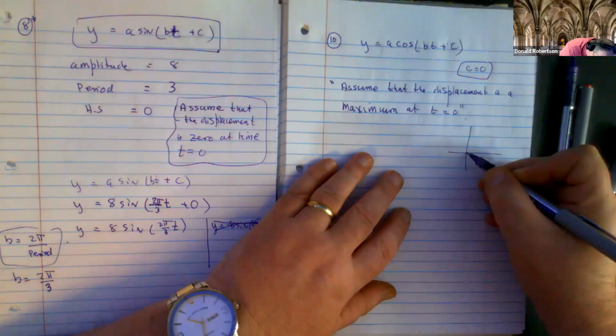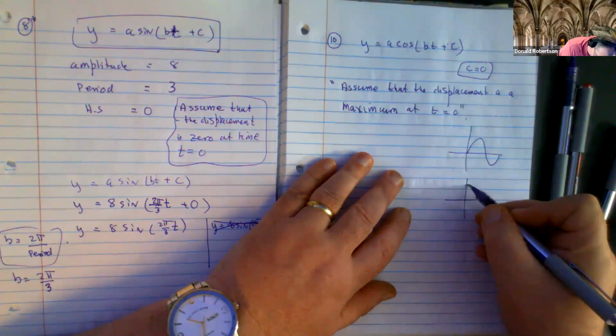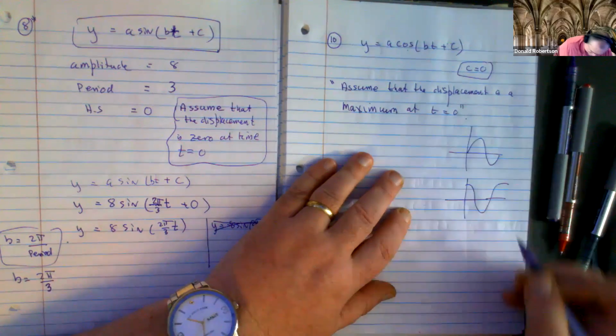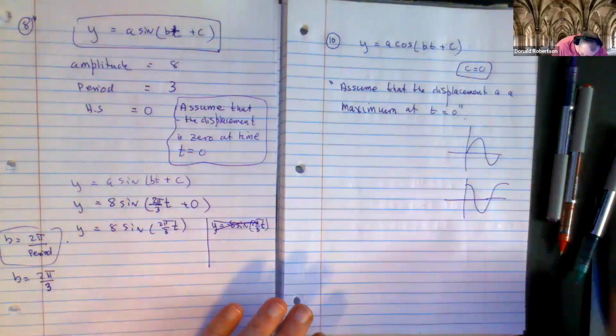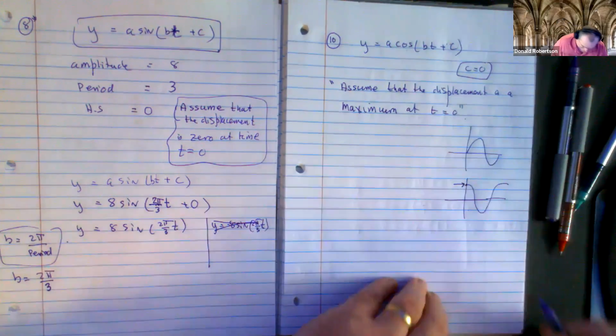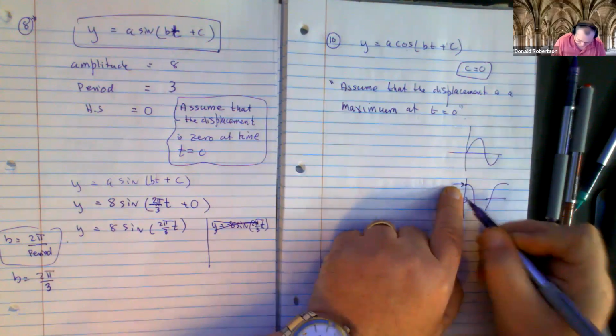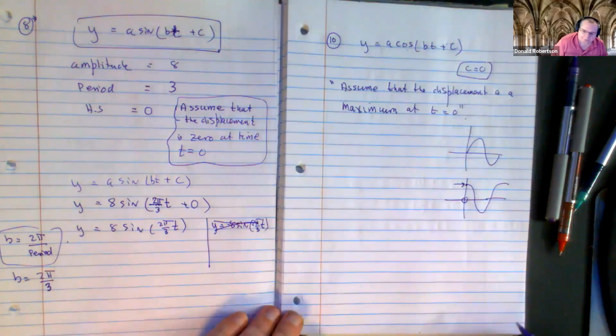If you look at a sine function and a basic cosine function, and we're assuming that the phase shift is 0 in both cases, can you see that a cosine function reaches a maximum value at t equals 0? So that's why I know it's a cosine.